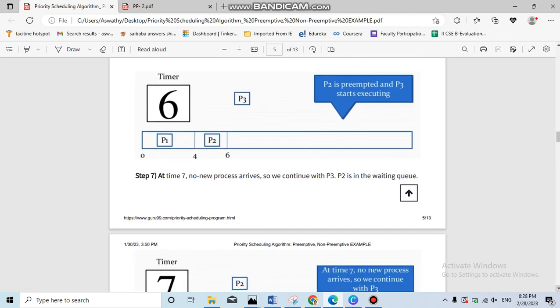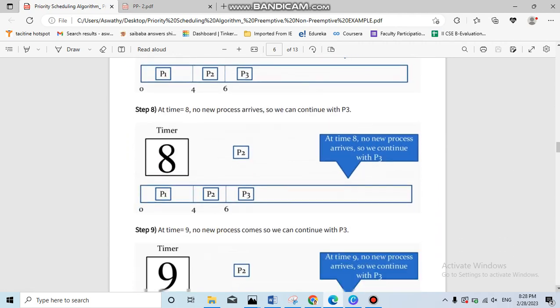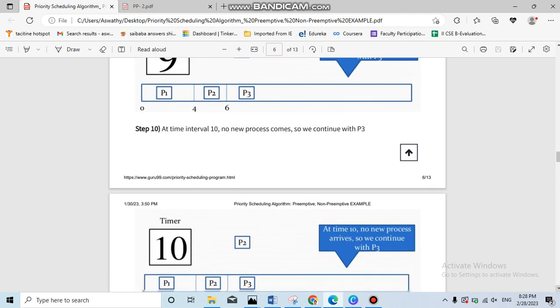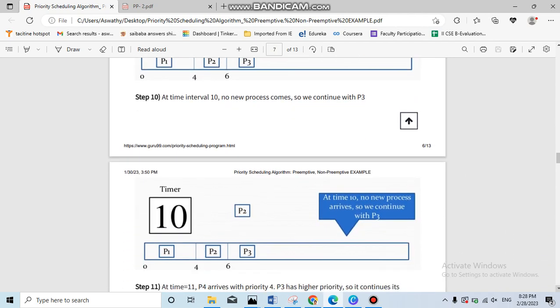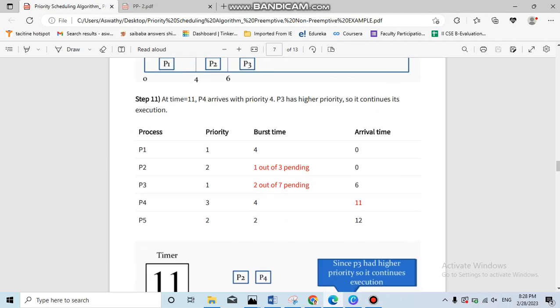At time 7, no new process arrived, and at time 8, 9 and 10 also no new process arrived, and P2 is still in the queue. At time 11, P4 arrived with priority 3 and burst time 4.